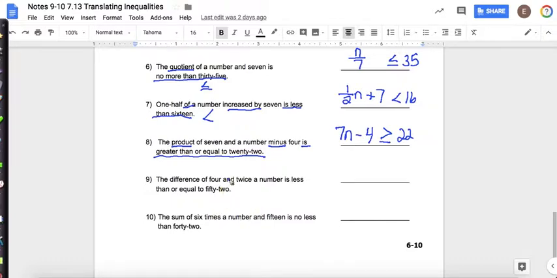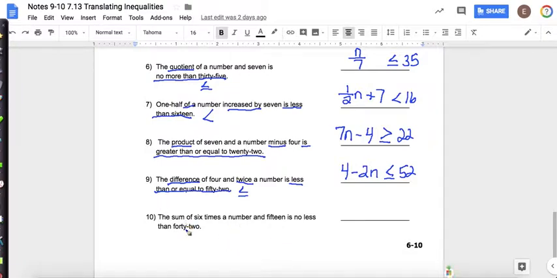Okay, number 9, the difference of 4 and twice a number is less than or equal to 52. Another easy one, so less than or equal to 52. Now I know that difference means subtract, so we're going to subtract 4 and twice a number. So here's how you subtract 4 and twice a number. 4 minus 2n.